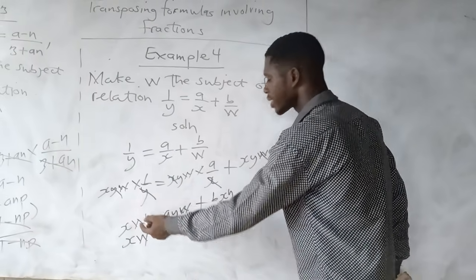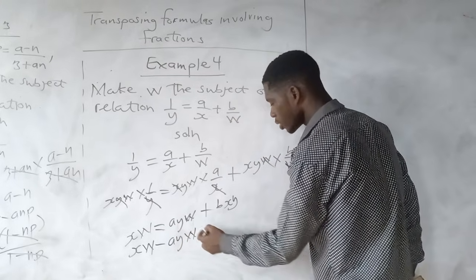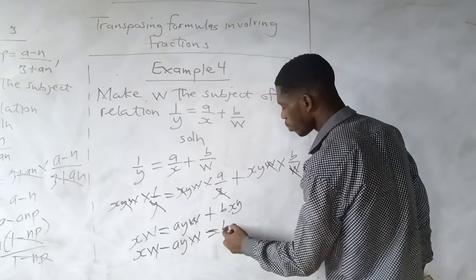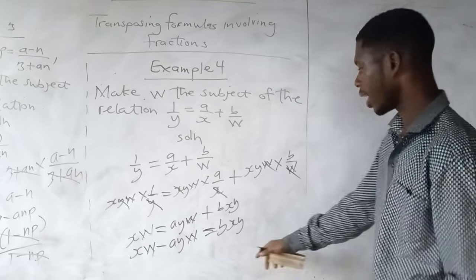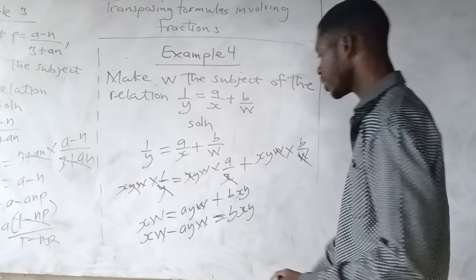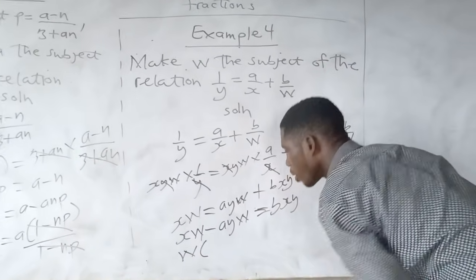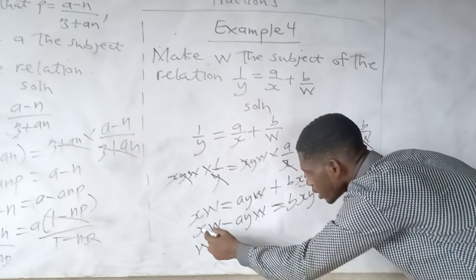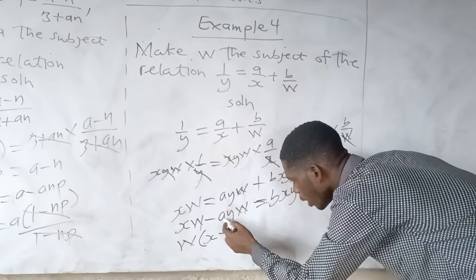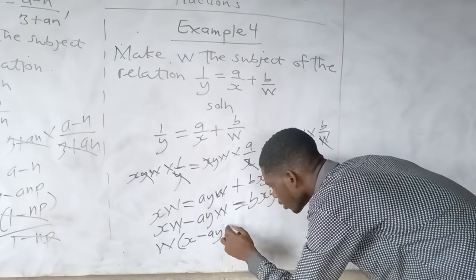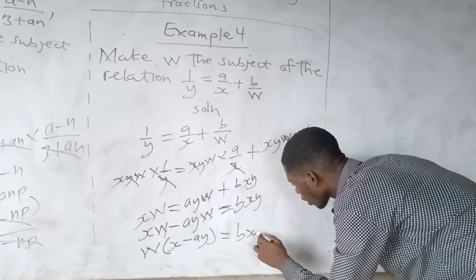While it's moving to the left hand side, it will go negative, equal to B X Y. Now when you are done, you factorize. The W will come out. Here we will be left with X minus A Y, equal to B X Y.